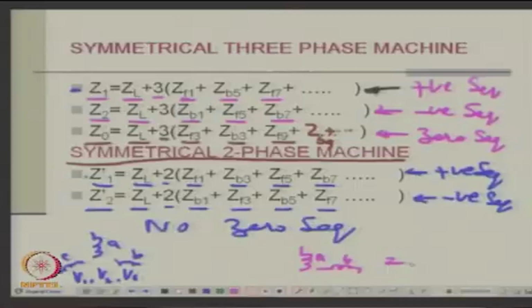Therefore, this will be the 2-phase symmetrical components for 2-phase windings. You can't have 3 phase, because symmetrical components will be only as per the number of phases that you have. Okay. Now, your question is, if you have a single phase, okay, interesting.